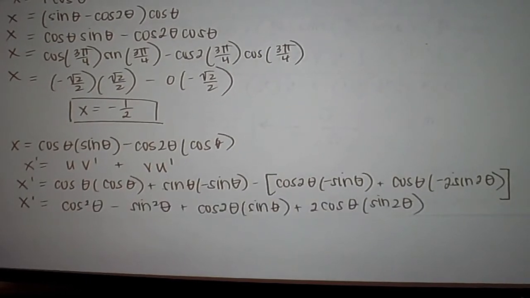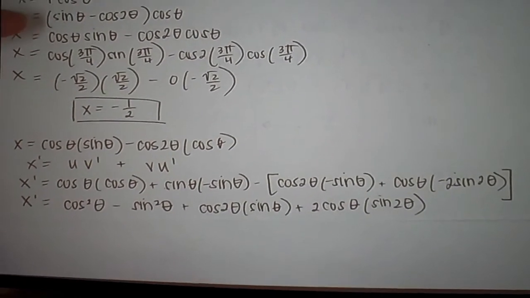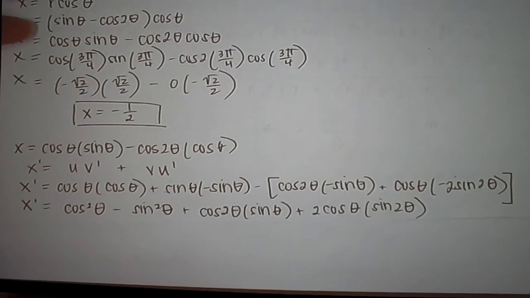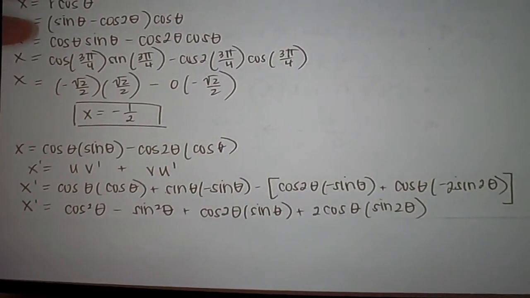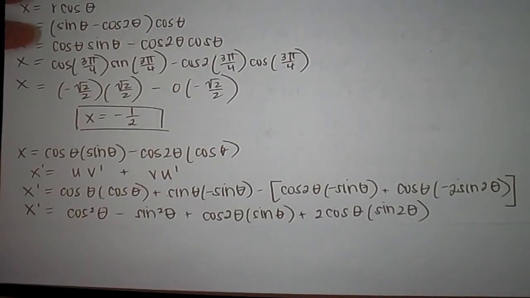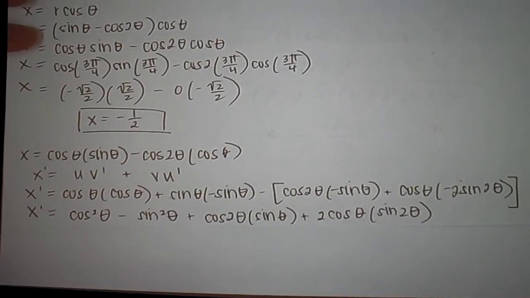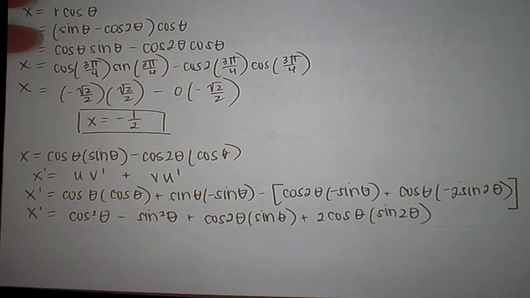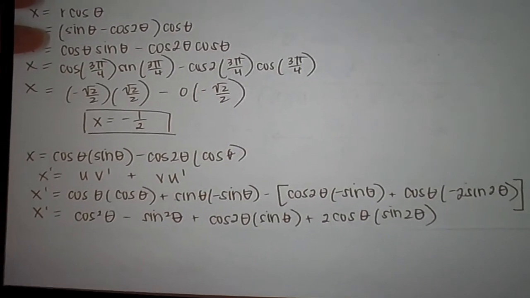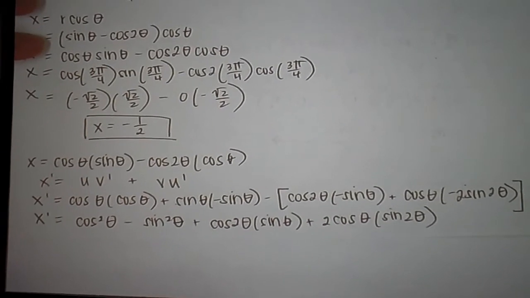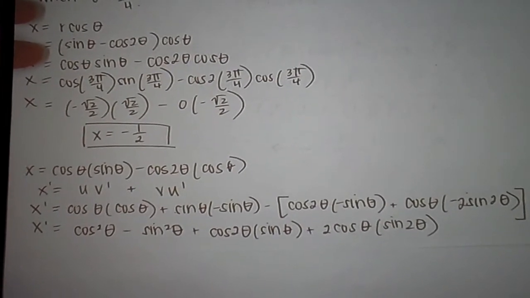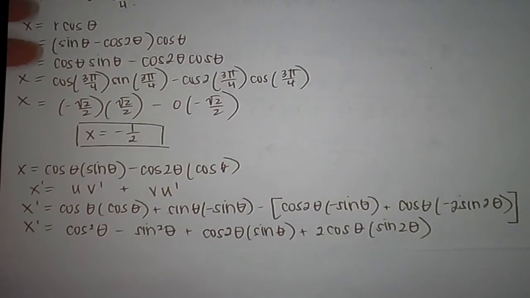We distribute the negative, which gives us cosine squared theta minus sine squared theta plus cosine 2 theta times sine theta plus 2 cosine theta times sine 2 theta. And we know cosine squared theta minus sine squared theta is the double angle of cosine 2 theta.